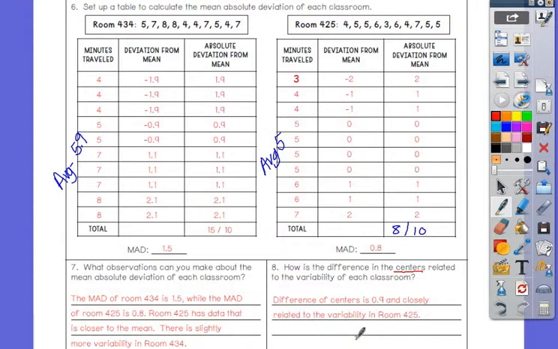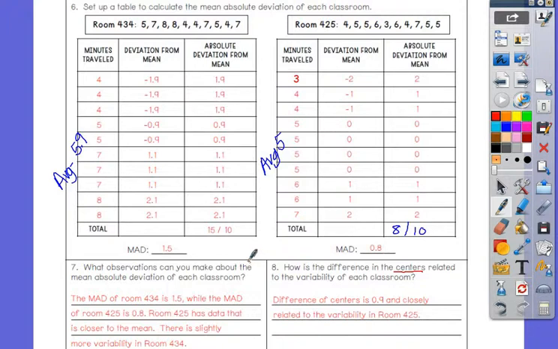And 0.9, I notice, is closely related to room 425 because 0.9 is awfully close to the MAD score of 0.8 from room 425. So that's basically all that I really noticed. So it's almost, this room's MAD score is almost double. So that's why the data is a little more spread out.